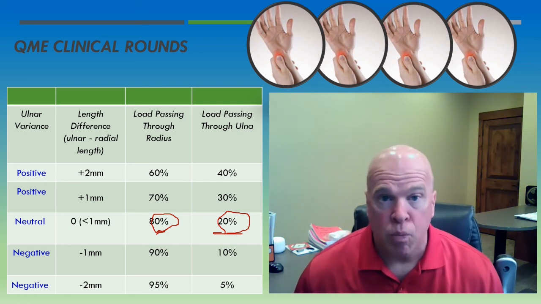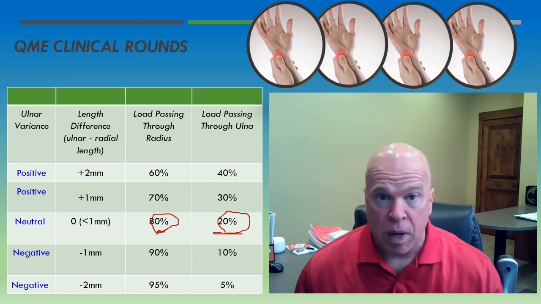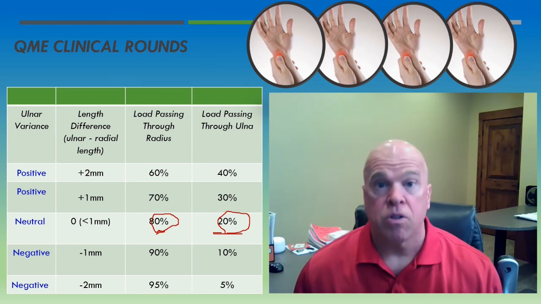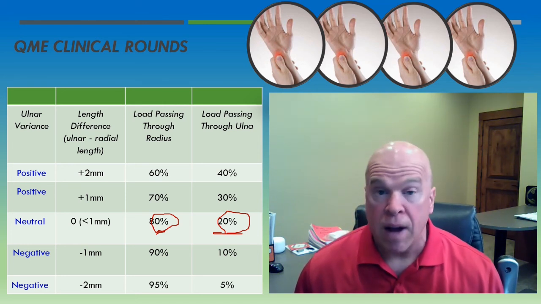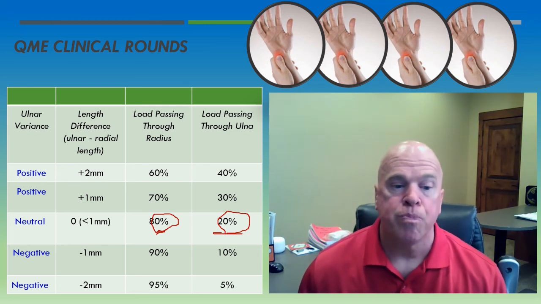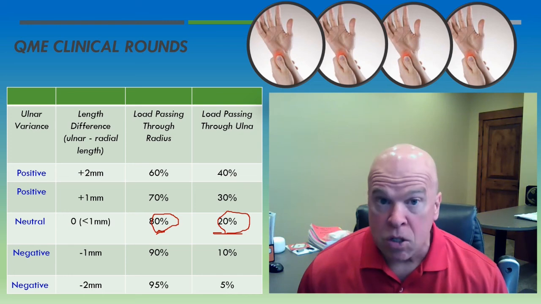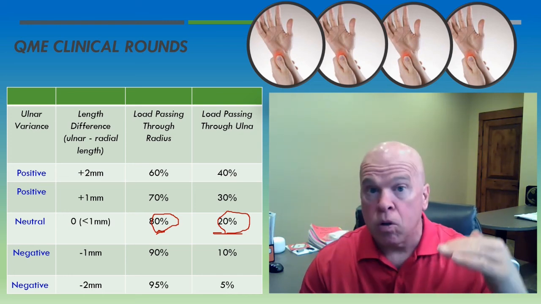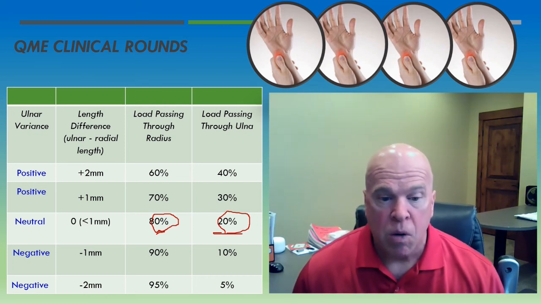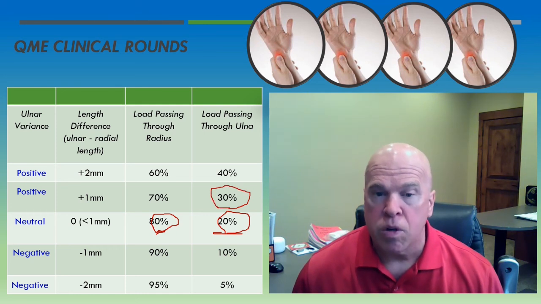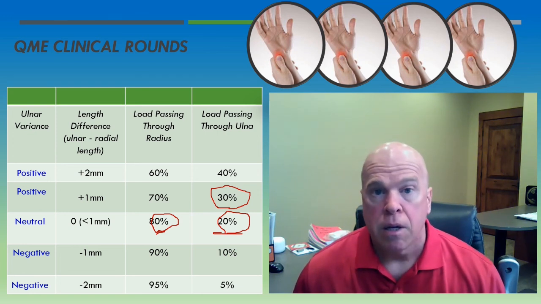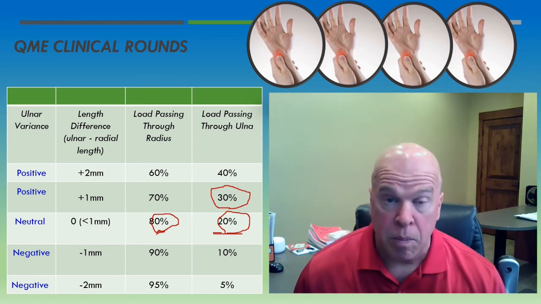4 times the amount of load-bearing force goes through the radial aspect of the wrist, and only 20% goes through those sensitive connective tissues such as the articular disc, the articular fibrocartilage, the triangular fibrocartilage, and the medial wrist structures. Well, as we start to get a positive ulnar variance situation where the length of the ulna becomes progressively longer than the relative length of the radius bone, then we see an increasing amount and an increasing percentage of forces being distributed now through the ulna, with 30% of the load in cases of a 1 millimeter positive ulnar variance.